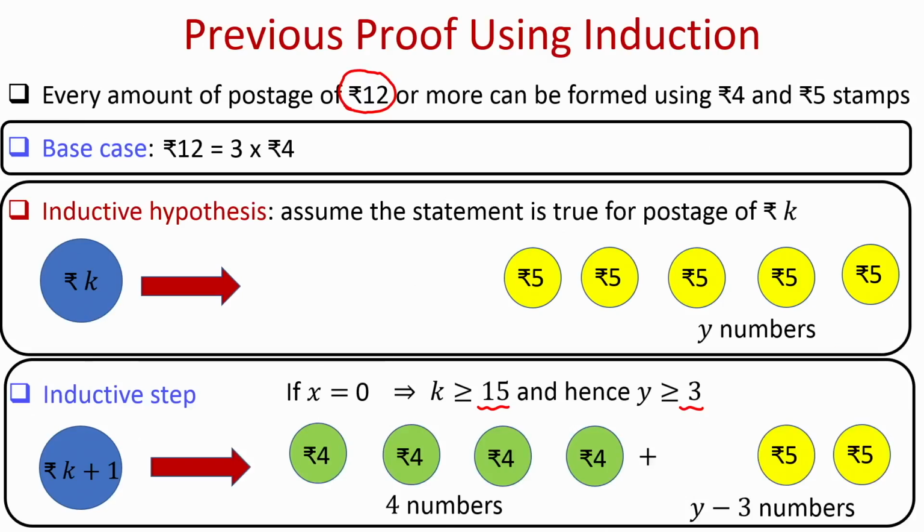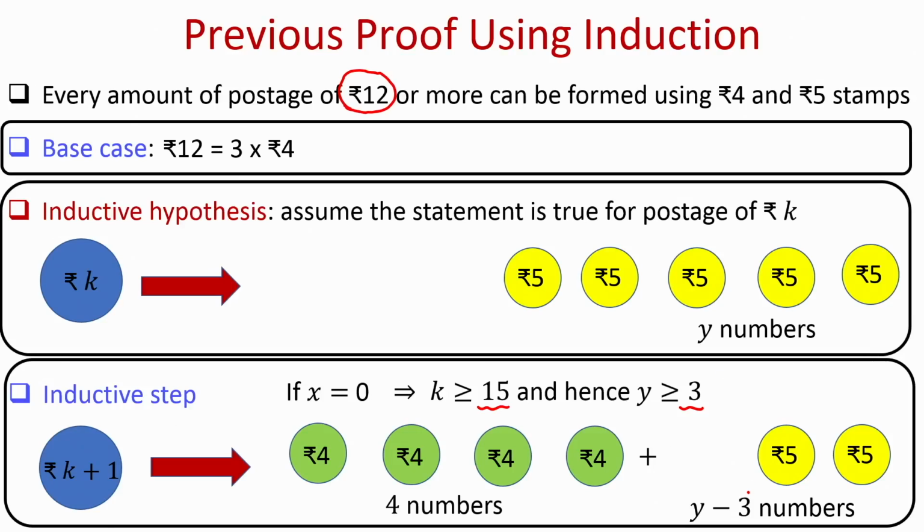Now I have to represent a postage of k plus 1 rupees. So, instead of taking y stamps of 5 rupees, I will take y minus 3 stamps of 5 rupees, and I will take 4 stamps of 4 rupees. That will overall give me a postage of rupee k plus 1, and this is possible because y is greater than or equal to 3, so I can reduce the number of 5 rupee stamps by 3.